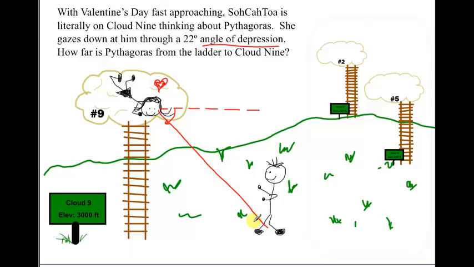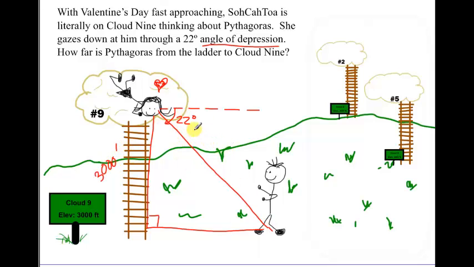Let's say she's looking at his shoes here. This is a 22-degree angle of depression. So how far is Pythagoras from cloud 9? Well, let's just finish this triangle off, and the ladder can be the other side of it. So there's our triangle. There's the right angle. And from the sign, we see that cloud 9 is 3,000 feet. So that'll give us one of our sides.